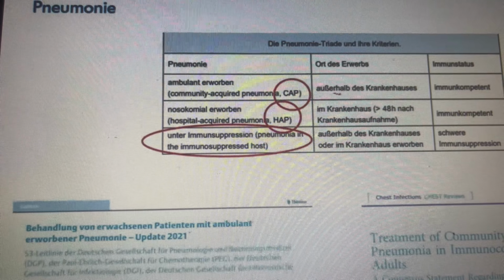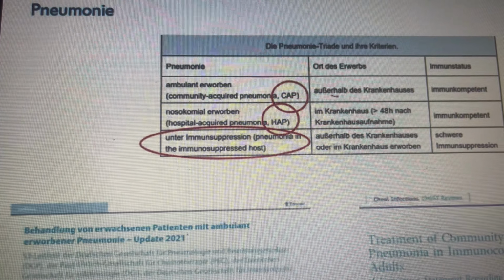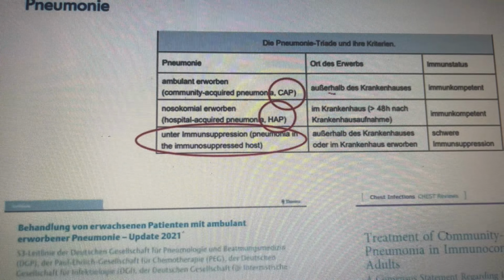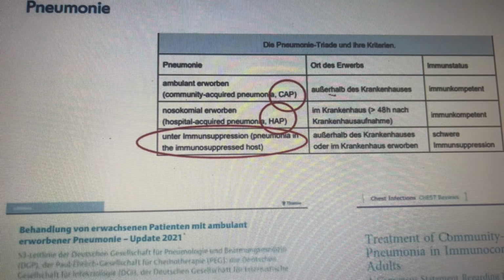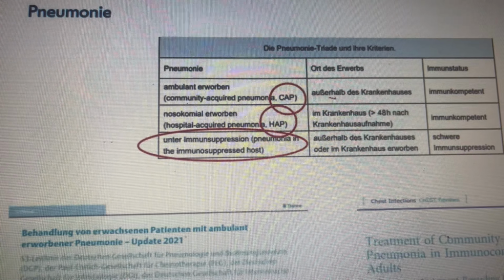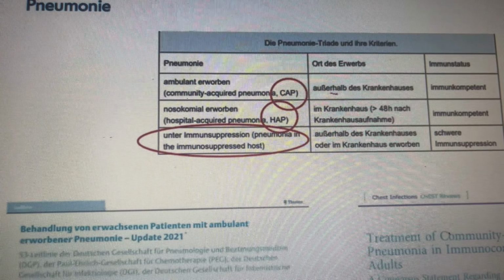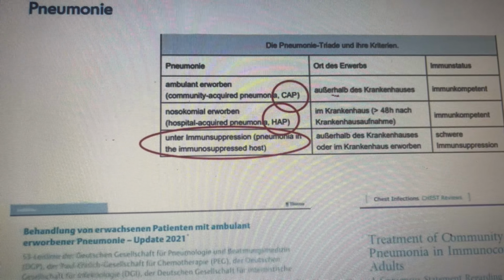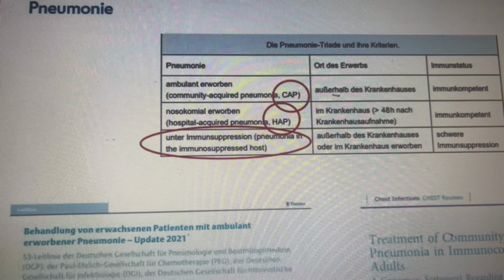And there's pneumonia in the case of patients who are immune compromised, and there we should take really care of the patients who are immune compromised, what kind of chemotherapy or under what kind of immunosuppressive the patients are under. Based on that, we have to choose the antibiotics.